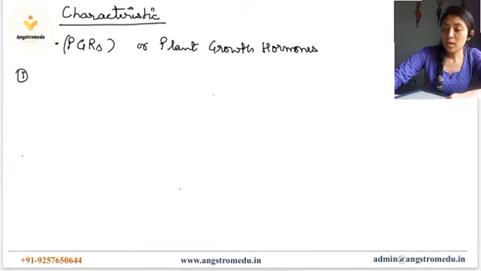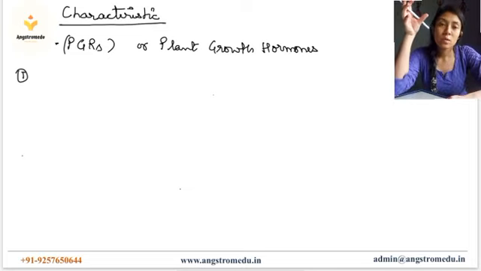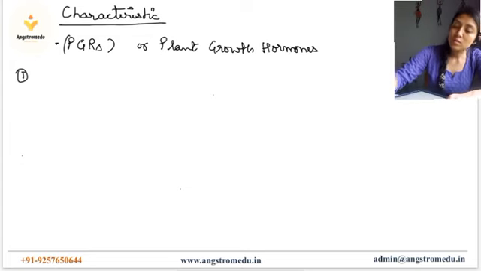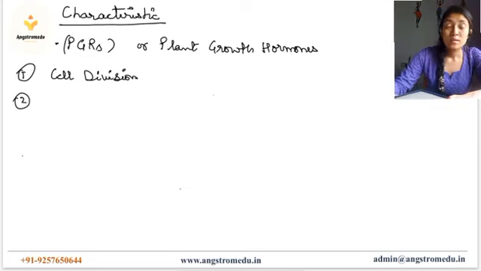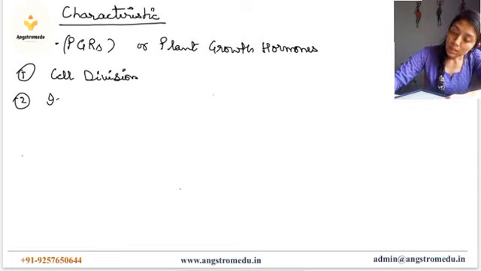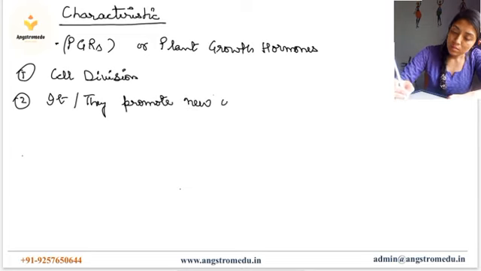Okay, so talking about the characteristics, the very first thing, obviously when we are talking about growth, the growth directly signifies what? Cell division. So the basic characteristic is going to be cell division. Then second, they promote new organ formation.